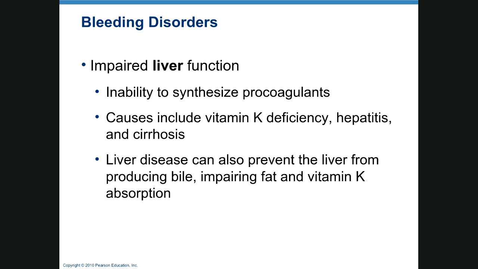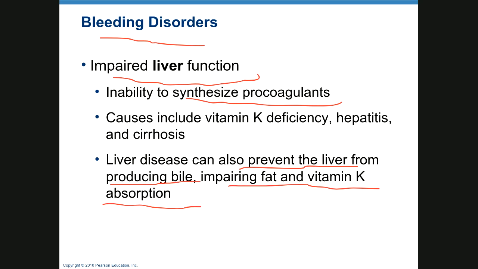Okay, another bleeding disorder, impaired liver function. The liver produces procoagulants, so you can't clot if you don't have a liver. Liver failure also prevents the liver from producing bile. If you don't have bile, you can't absorb fat, and also vitamin K, which is fat soluble.